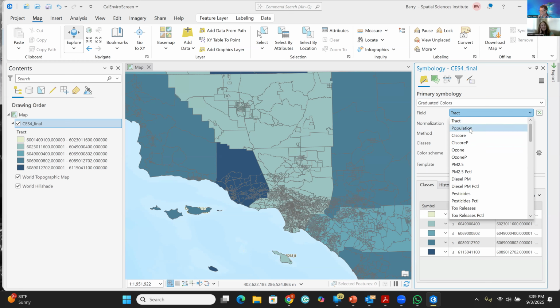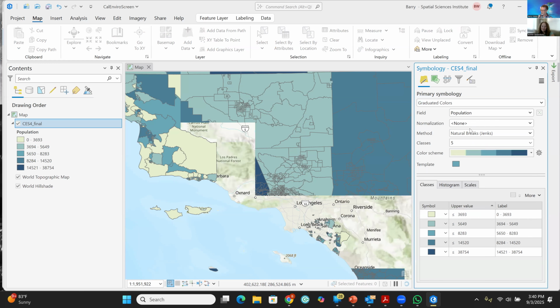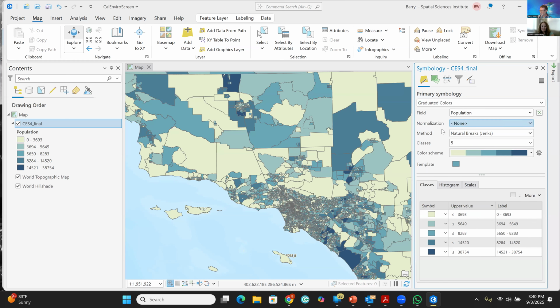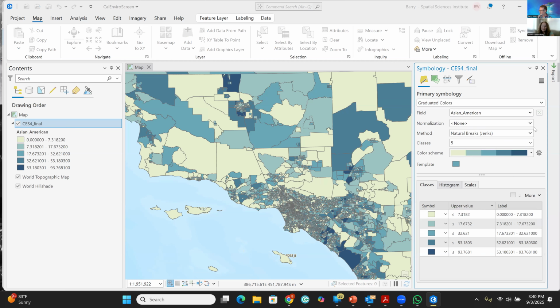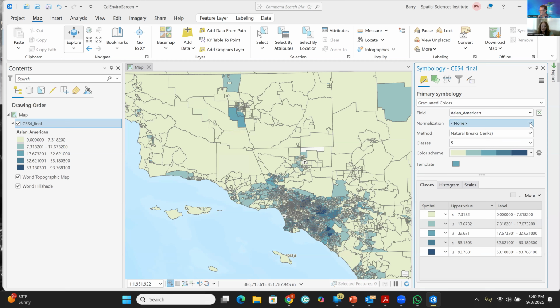Okay, so let's look at population. Obviously numeric and whole numbers. And you can see normalization here is pretty cool. Let's say we want to look at Asian American, and we're going to normalize by total population.